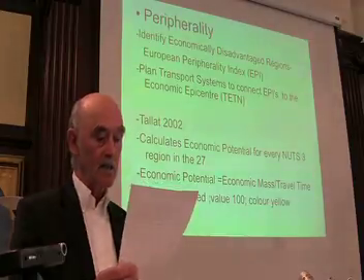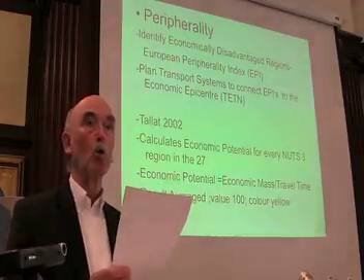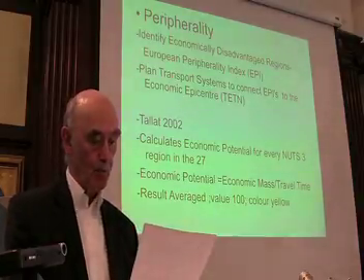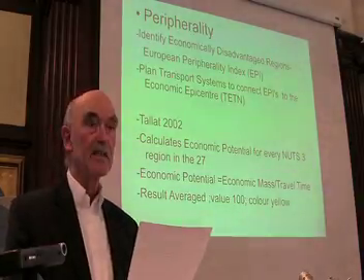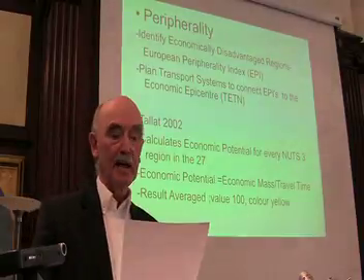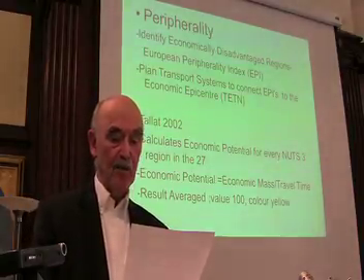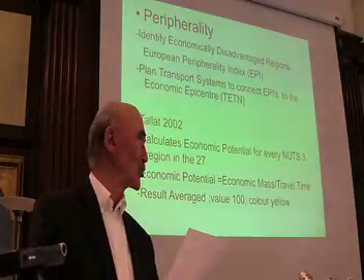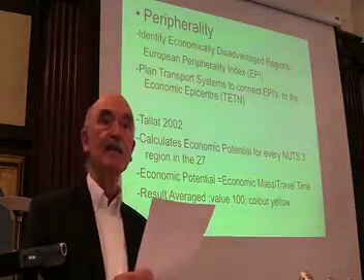And the latest study to come my way was headed by a gentleman called Tellat and was presented to the Commission in 2002. Tellat's method was to calculate economic potential, and then the lowest score has the greatest peripherality, comes out on top, i.e. in need of most help.